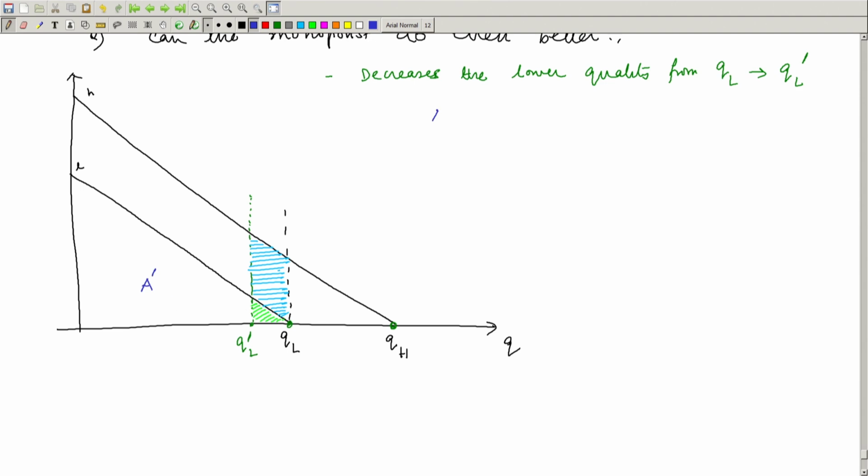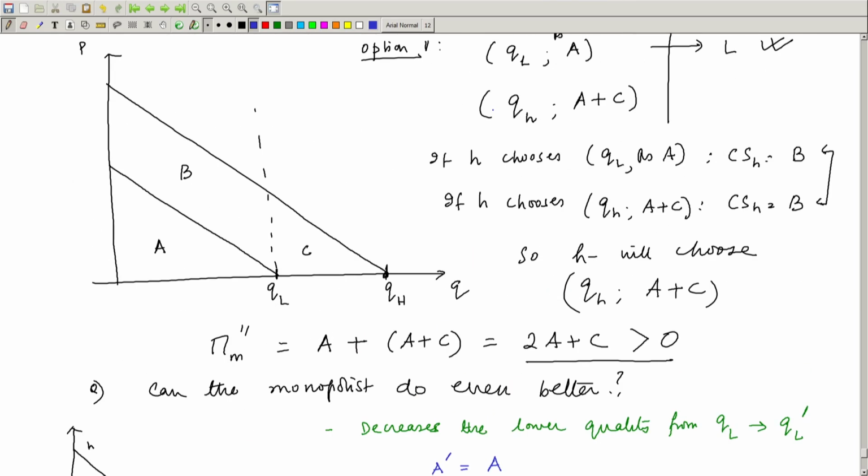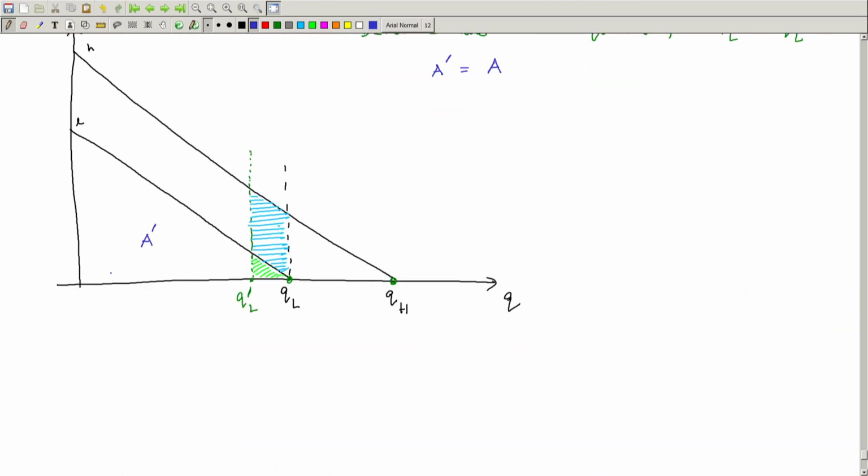So, my A prime is essentially the area A that I had earlier, the entire triangle, minus the shaded triangle. Or if you prefer, call this the new A, which is A prime, the old A minus the shaded triangle.